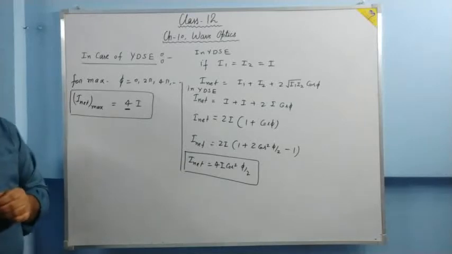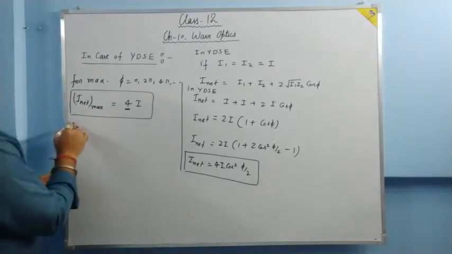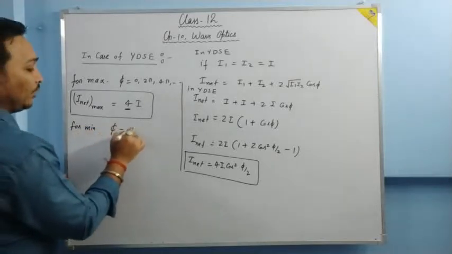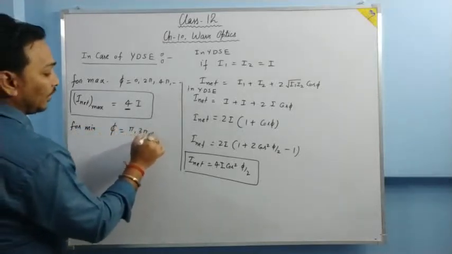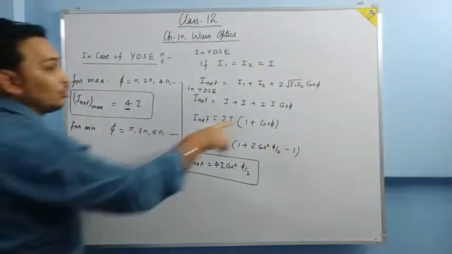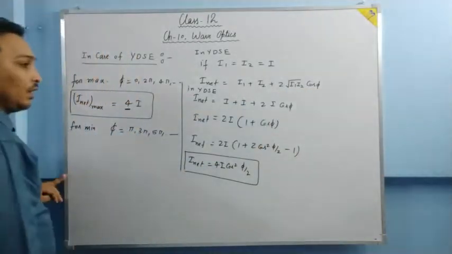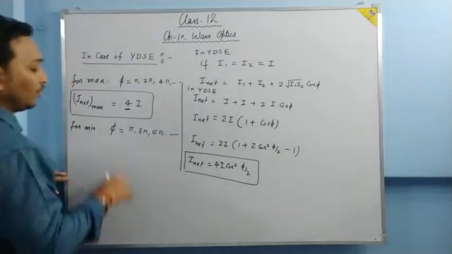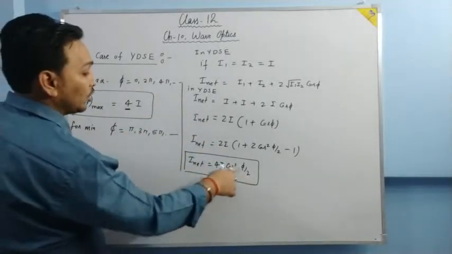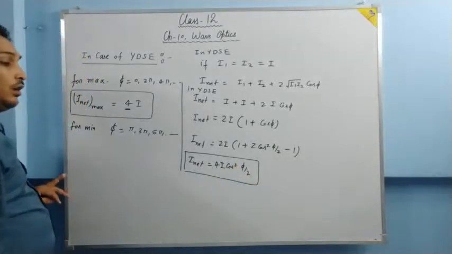And for minimum, this phi needs to be pi, 3 pi, 5 pi, and so on. In that case only this cos phi will become minus 1. If you put any of these values over here, if you put pi, phi by 2 will become pi by 2. Cos pi by 2 is equal to 0.